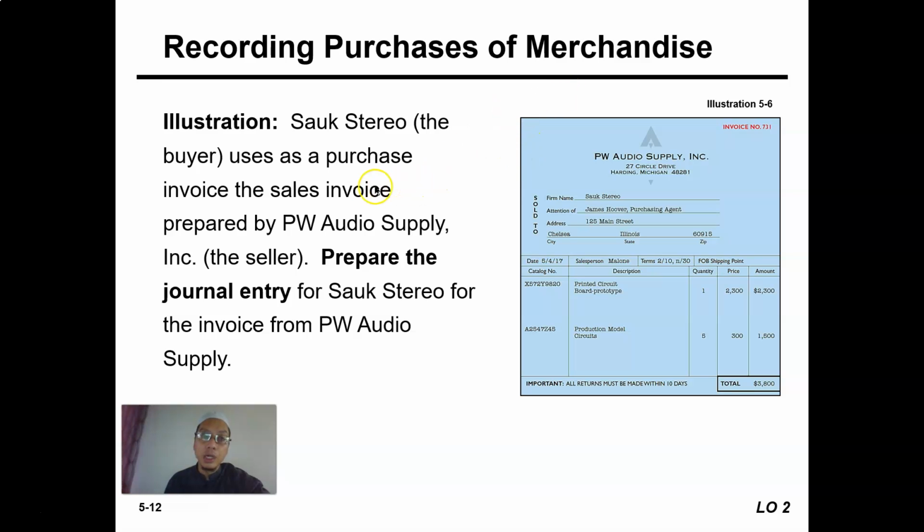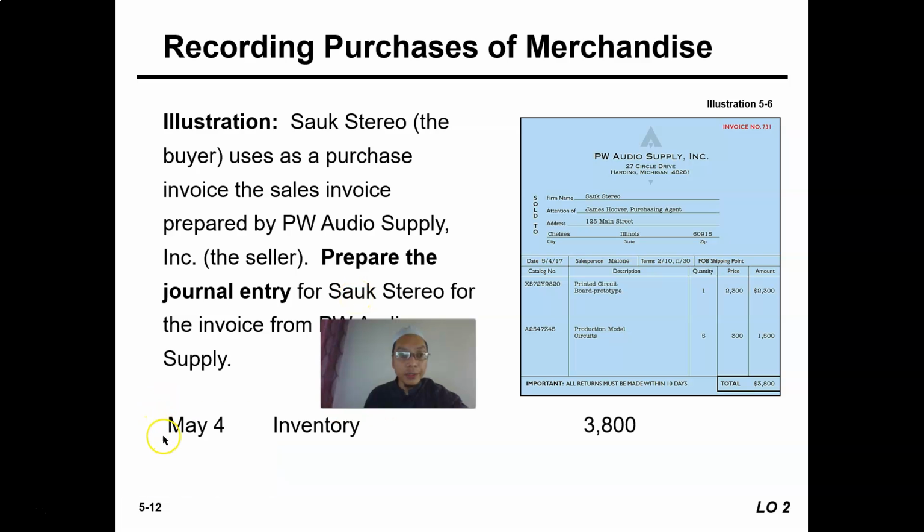From there they will record the journal entry for that purchase. The journal entry would be on May 4. They would debit the inventory account, and they would credit the accounts payable account.